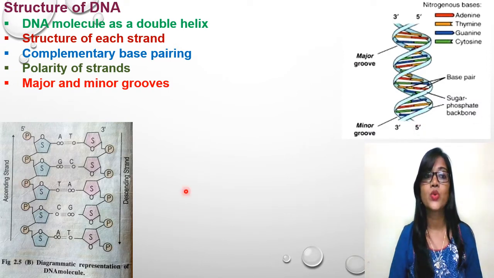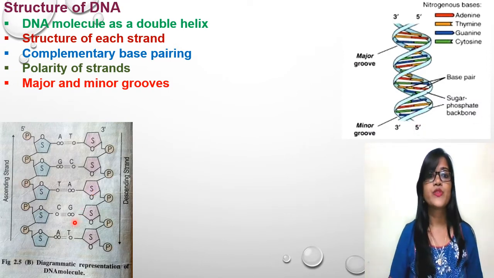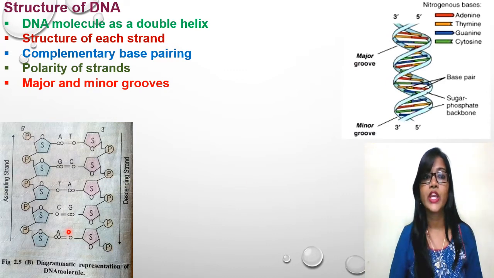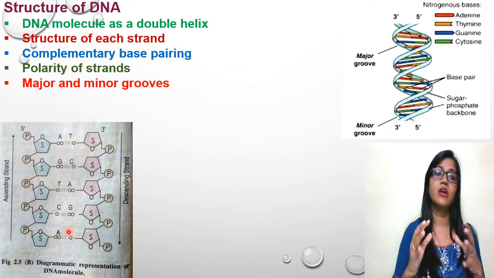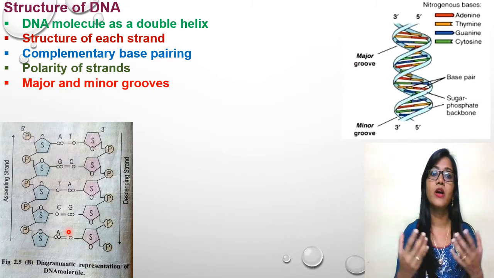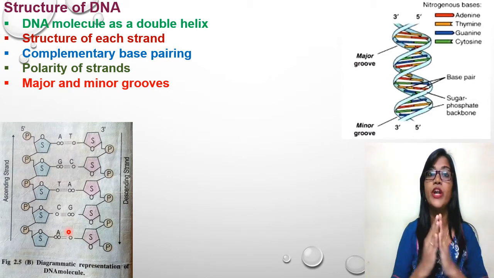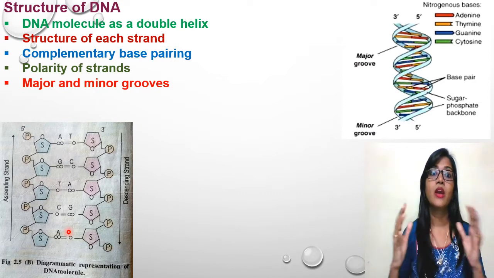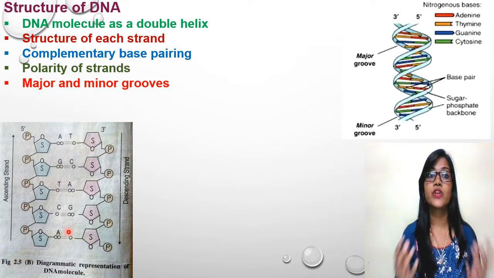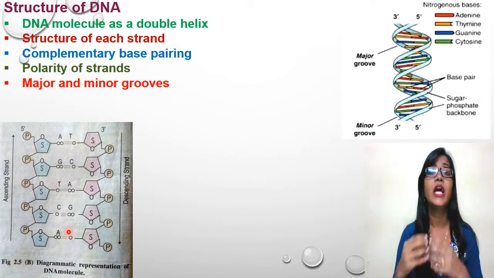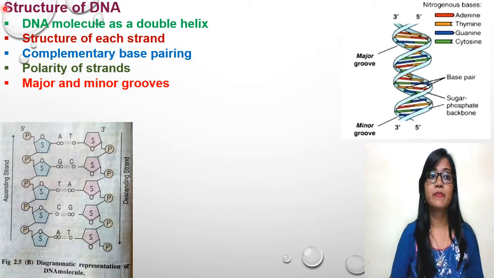So let's try to understand now. If you have observed this diagram carefully, and understood how the nucleotides or nucleosides play a very vital role in the formation of the structure of DNA, let's begin with a brief introduction of all these points.